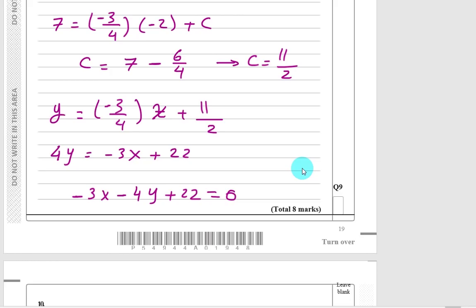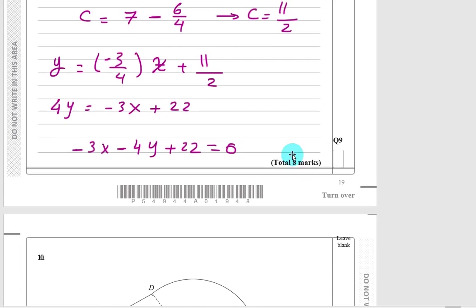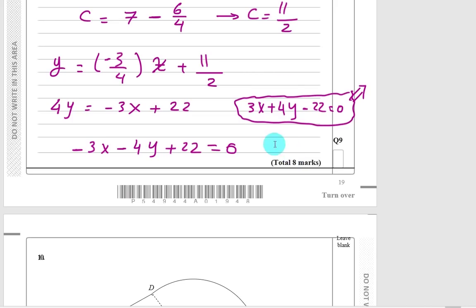We can multiply by minus 1, so the answer will be 3x plus 4y minus 22 is equal to 0, and this is the answer.